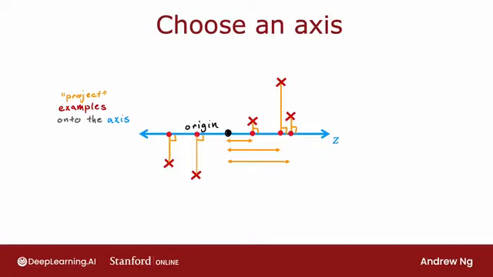These 5 points are pretty spread apart, so you're still capturing a lot of the variation or variance in the original dataset. The variance among these 5 points, the projections of the data onto the z-axis, is decently large. And what that means is we're still capturing quite a lot of the information in the original 5 examples.